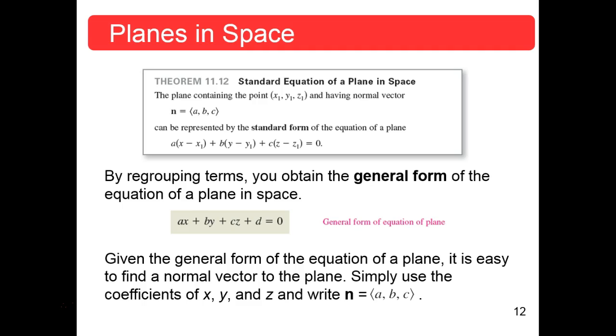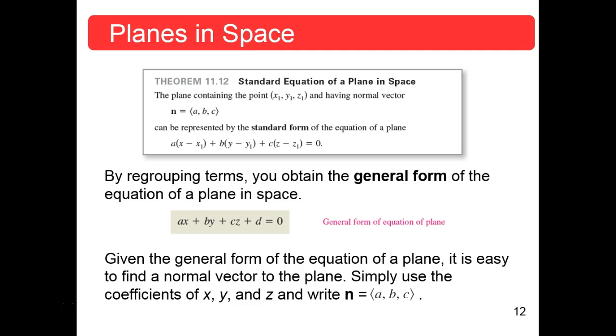You just lose the x1, y1, z1 in this form. Actually, personally, I like to move this to the other side and have ax plus by plus cz is equal to some number.